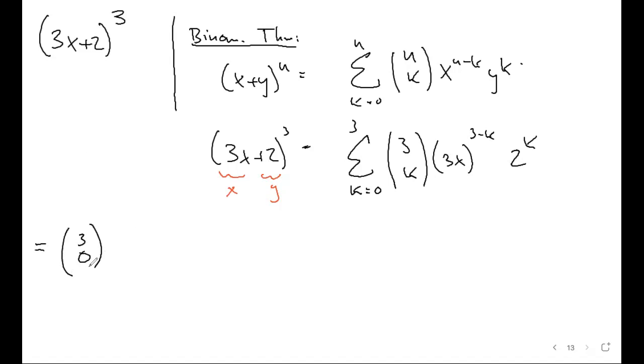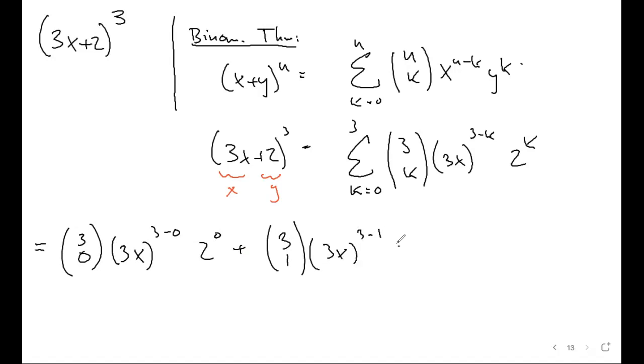K is starting at 0. 3 choose 0, 3x to the 3 minus 0, 2 to the 0, plus 3 choose 1, 3x to the 3 minus 1, 2 to the 1, plus 3 choose 2 of 3x to the 3 minus 2, y squared, plus 3 choose 3, 3x to the 3 minus 3, 2 to the 3.